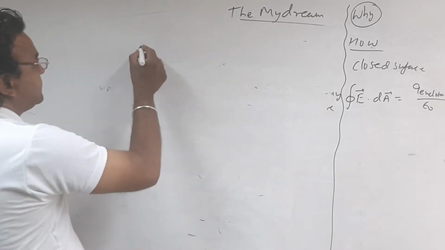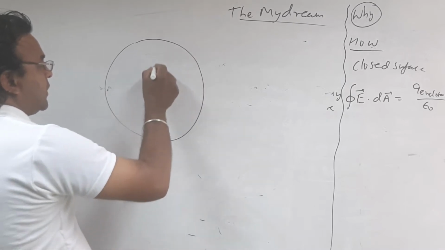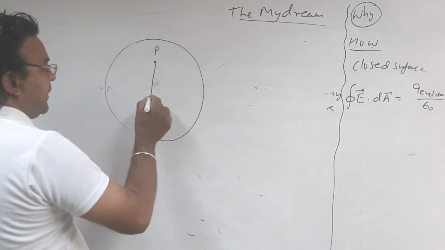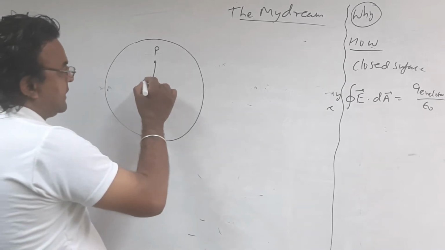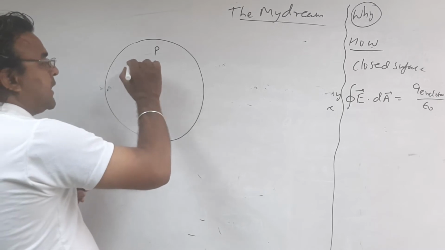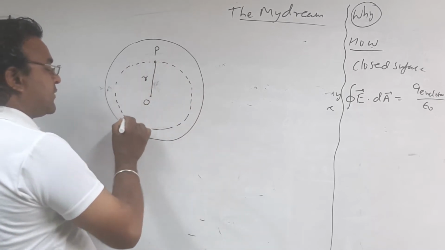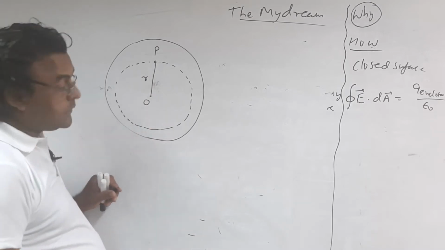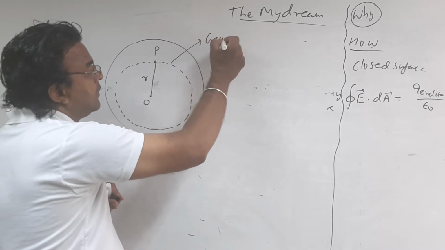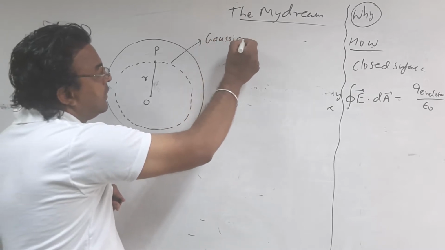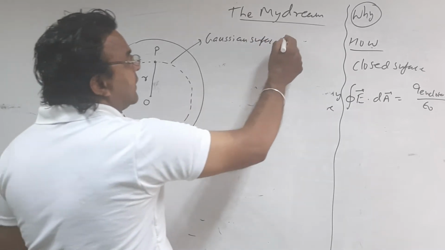I talk here about this point P and this point O. Now I assume, suppose this OP has radius small r, then I assume a sphere of radius r, and this sphere can be supposed as Gaussian surface or Gaussian sphere.